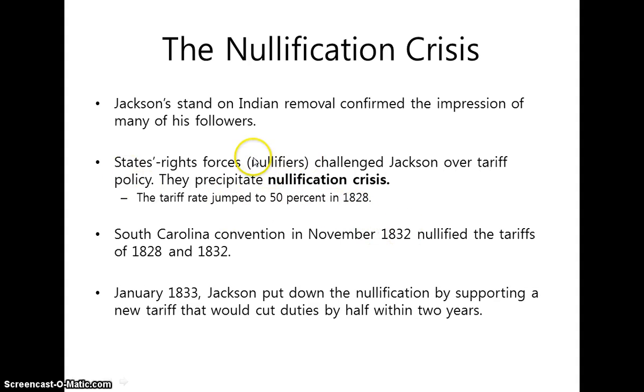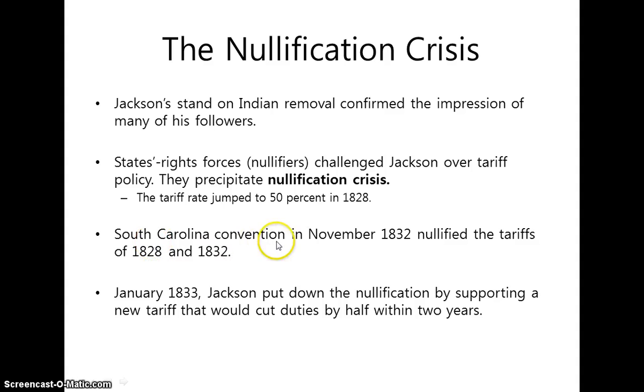So the nullifiers were trying to ask Jackson for nullifying the tariff rate because the rate jumped to 50%. And since the tariff rate was so high, states' rights forces were getting angrier, and people were getting angrier at the government.